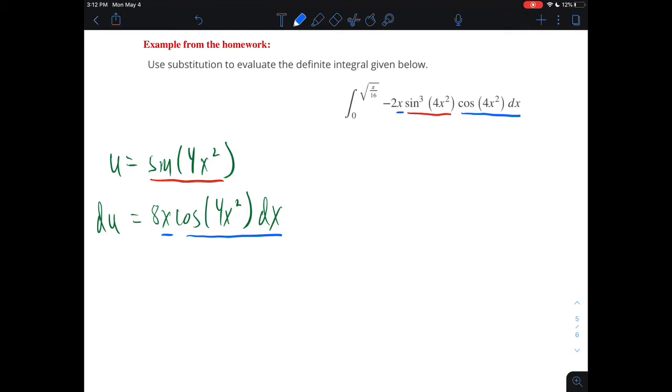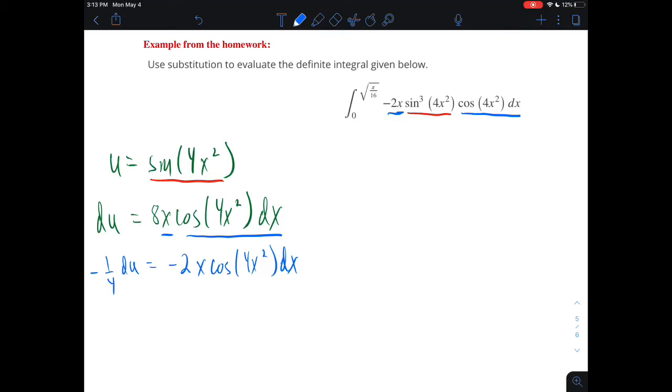But again, that's okay. What would you do to turn an 8 into a negative 2? You would just divide by negative 4, which means I could then write negative 1/4 du is the same thing as negative 2x cosine 4x squared dx, which now I know exactly what to replace all of that with.